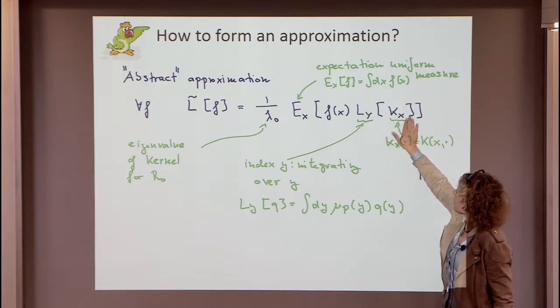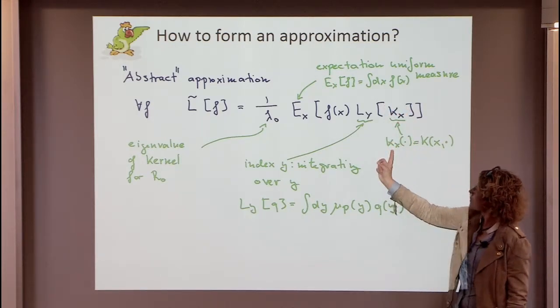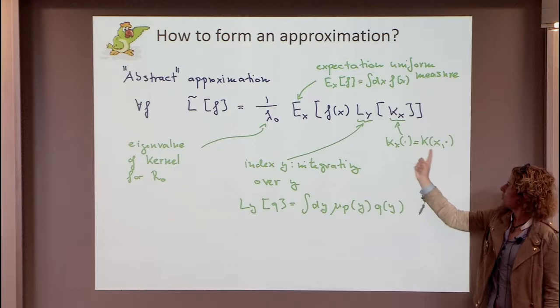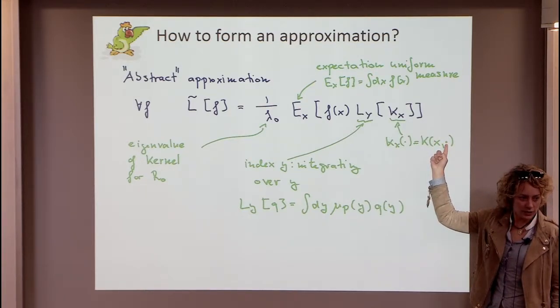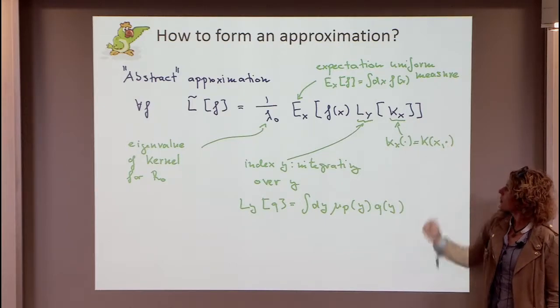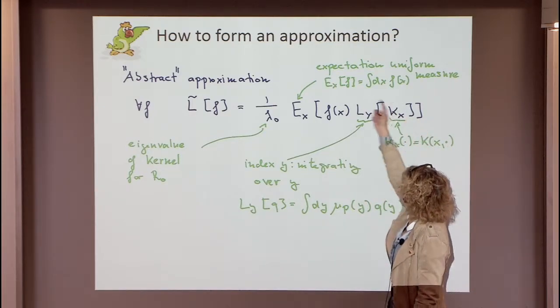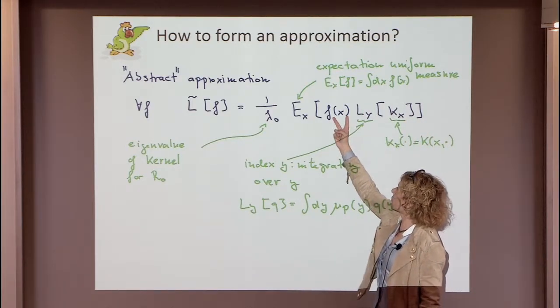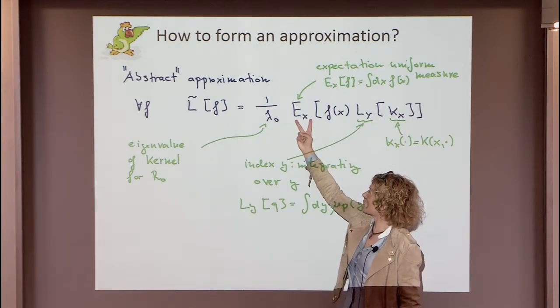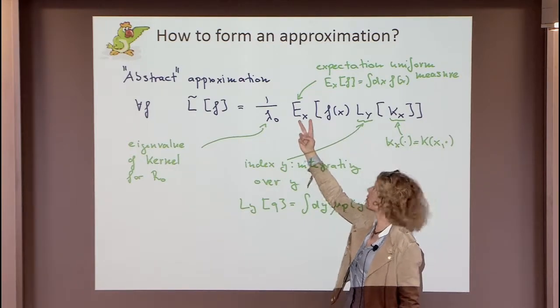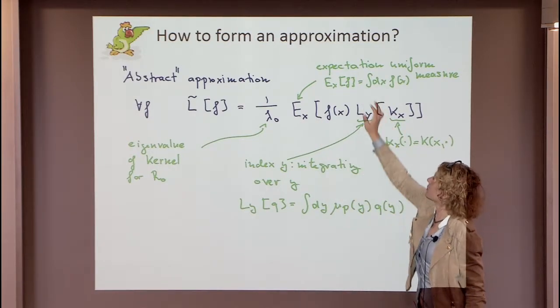So L of y at this kernel here. I write k of x to be the kernel function where I fix the x element and vary over y. So I'm integrating over y. And here I have f of x, and I take the expectation with respect to the uniform measure.